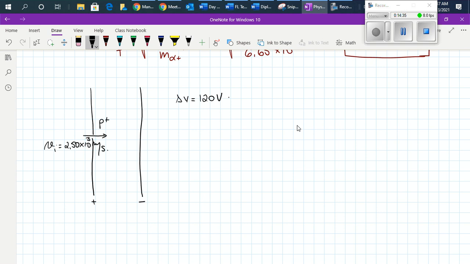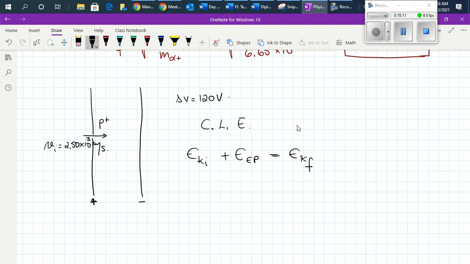So what we see in this case, based on the conservation law of energy, is that you now have an initial kinetic energy, and then as the proton is entering through the positive plate and is naturally falling to the negative plate, it will have an electric potential energy that the proton is possessing, and this will be equal to the final kinetic energy. So this is how we write the conservation law of energy in this case.